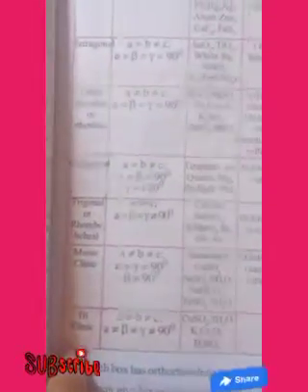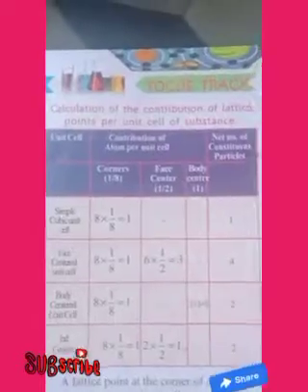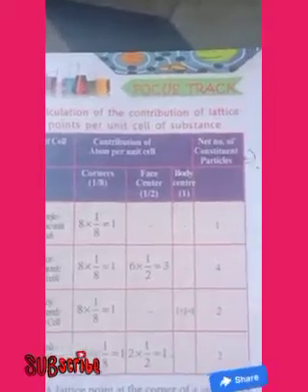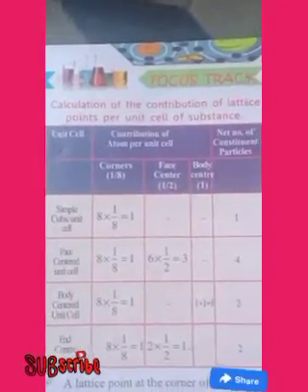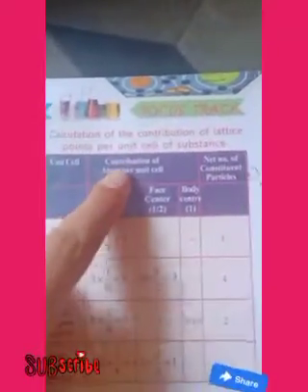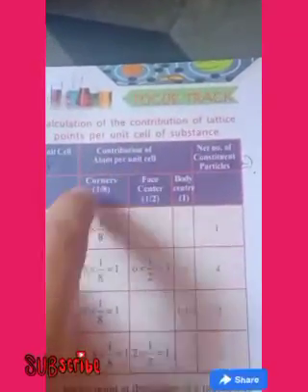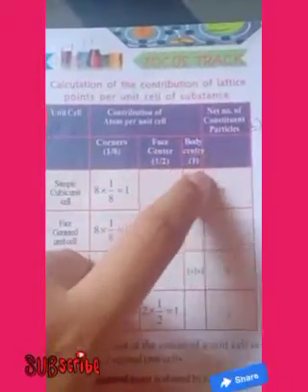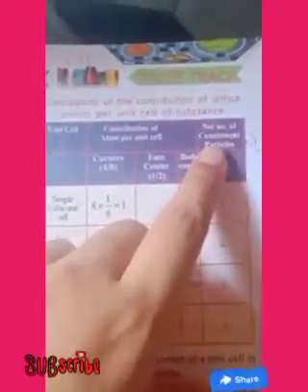Calculation of the contribution of lattice points per unit cell of a substance. The contribution of atoms per unit cell is: corners 1/8, face centered 1/2, body centered 1. Then the net number of constituent particles. Here it is: simple cubic unit cell.